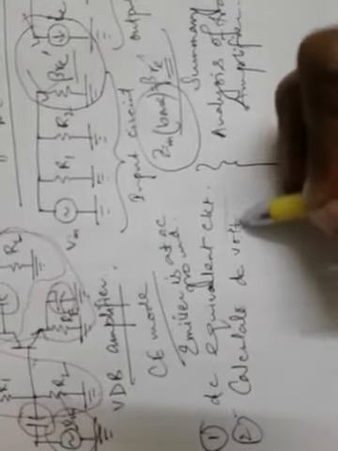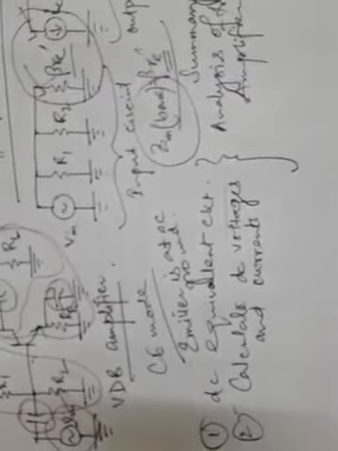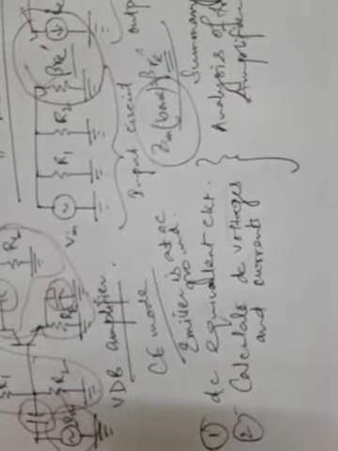So now I am summarizing the analysis of a transistor amplifier. First, you need to find the DC equivalent circuit. Then calculate the DC voltages and currents, that is, analyze the DC equivalent circuit.